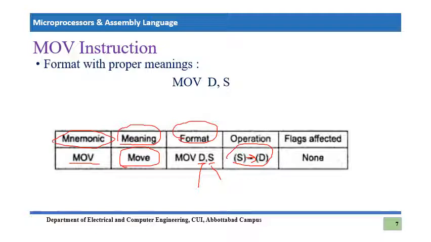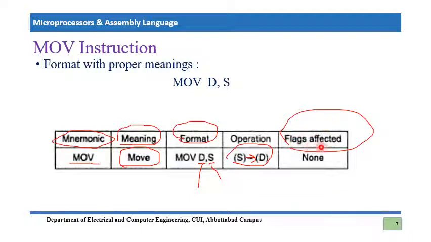That last column is very important, and one cannot deny that the move instruction is a powerful tool because it does not affect any flag registers. If you remember, we discussed the flag register, or status register, with 9 bits, out of which 6 were status bits.